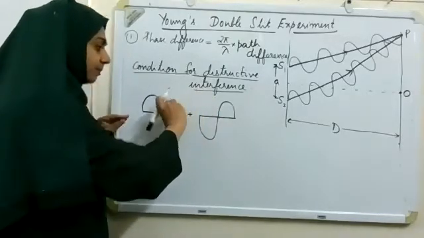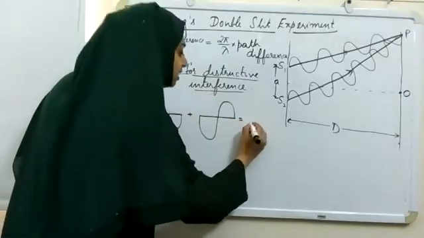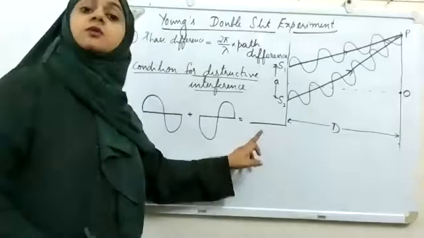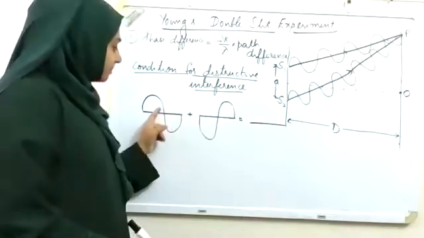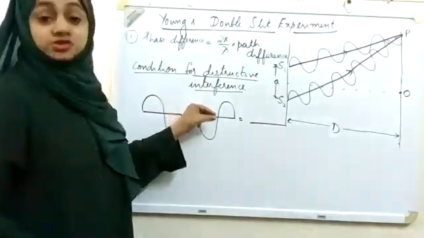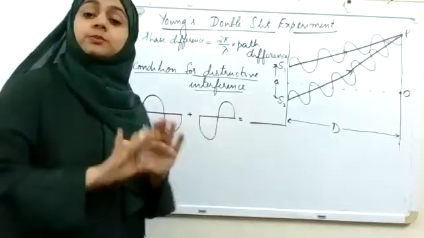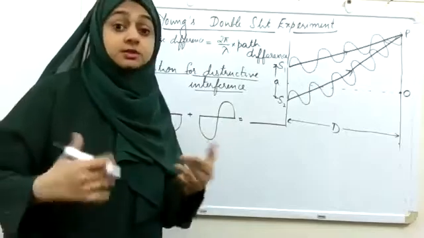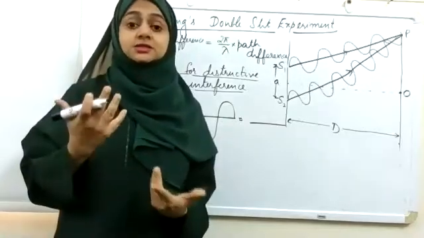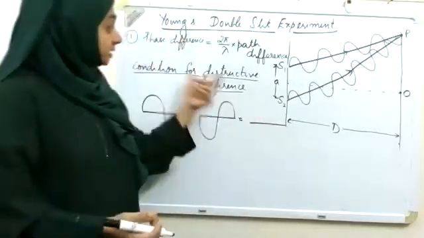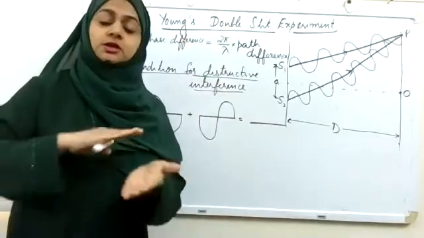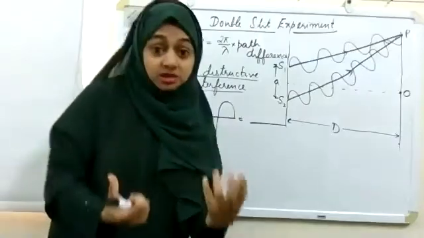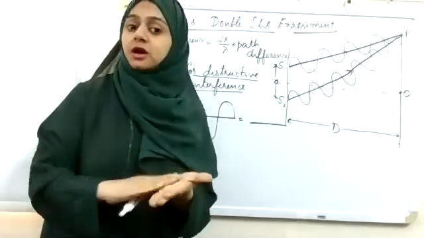So if they combine, the result will be nothing, no intensity or minimum intensity. The amplitudes will cancel each other, or there will be dark. There is no bright color. Constructive means high intensity or bright color, while destructive interference means there will be no intensity of light, or minimum intensity of light, or dark.